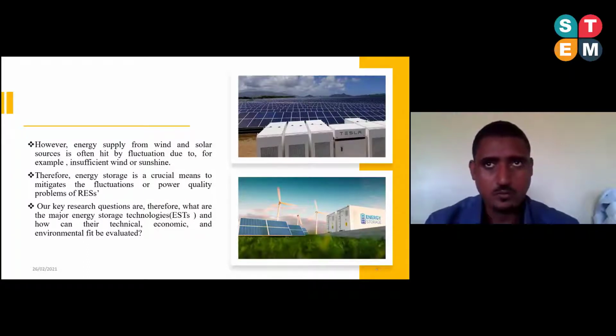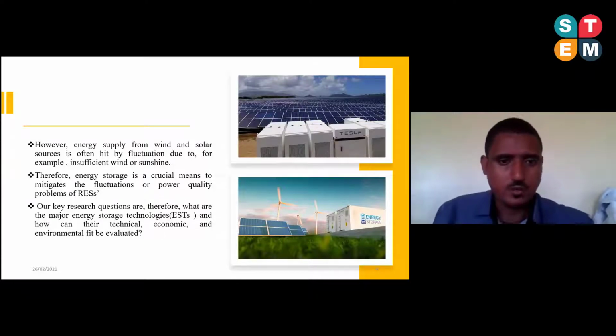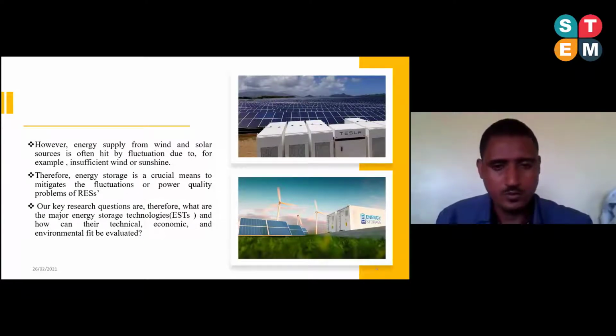So this is the problem of renewable energy. To mitigate this problem, there are different options, but currently researchers are mitigating it by using energy storage technologies. So our research is focused on this topic.